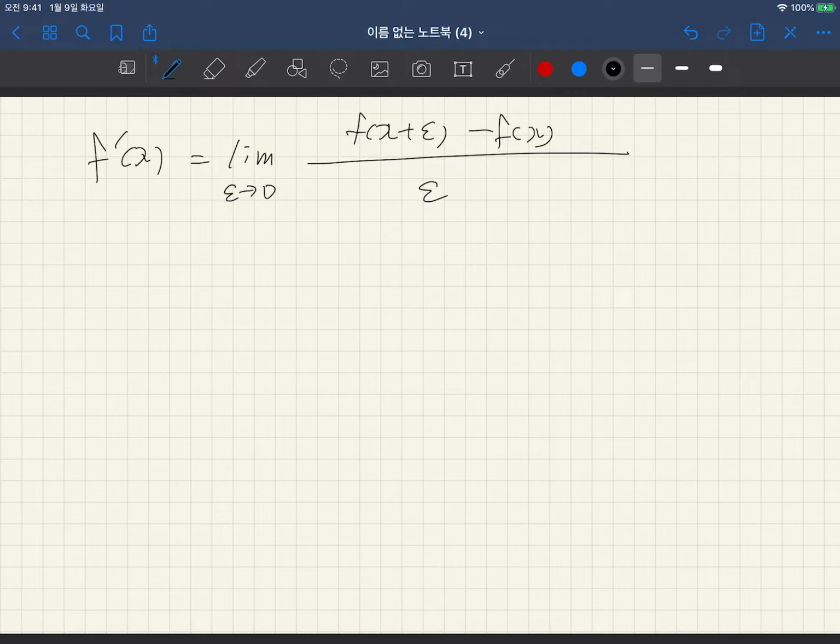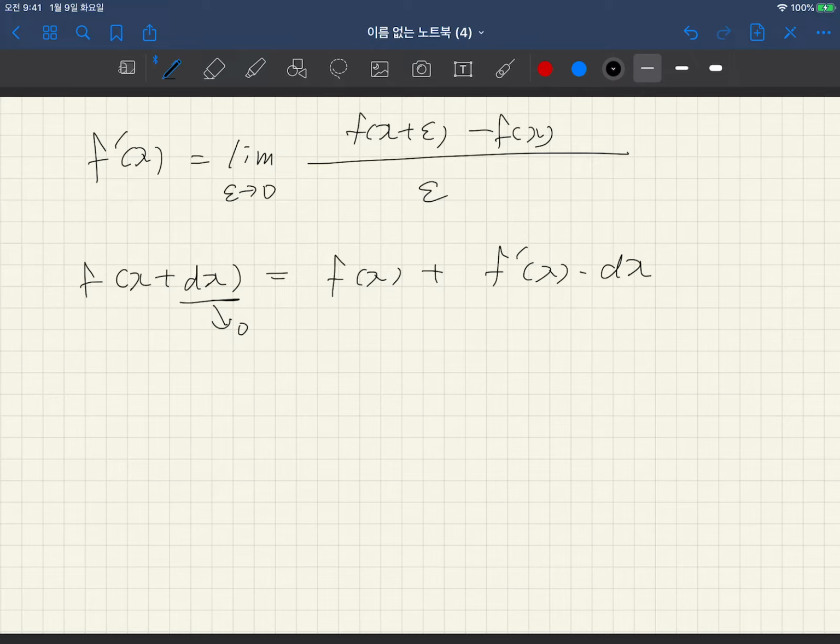So from this definition, we have this as well: f(x plus dx) equals f(x) plus f prime x times dx, when dx is a very tiny, infinitesimal value.